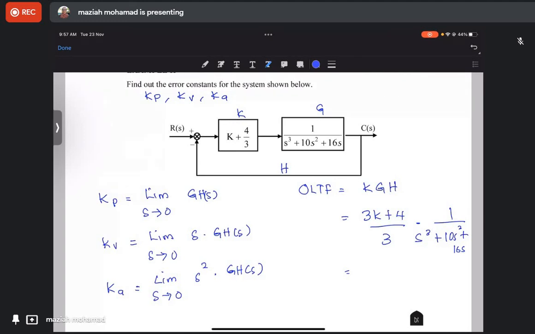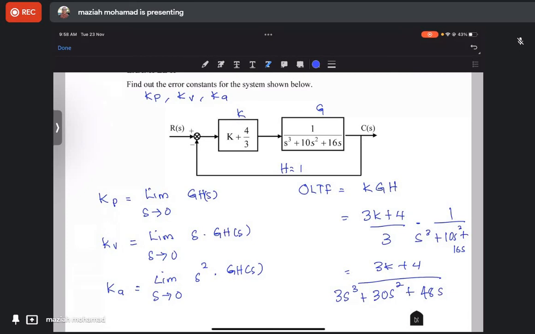Considering s equal to 1, it is 3K plus 4 divided by 3s squared plus 30s squared plus 16 times 3, 48s.